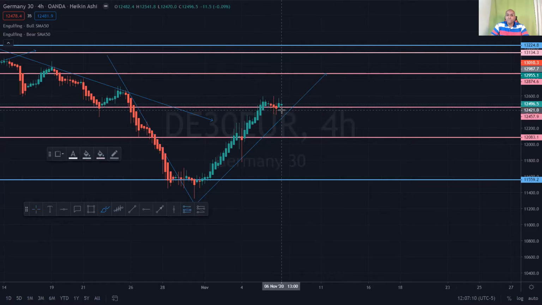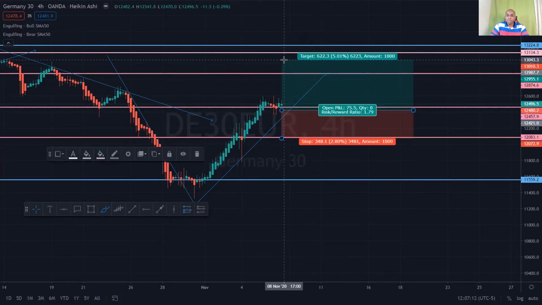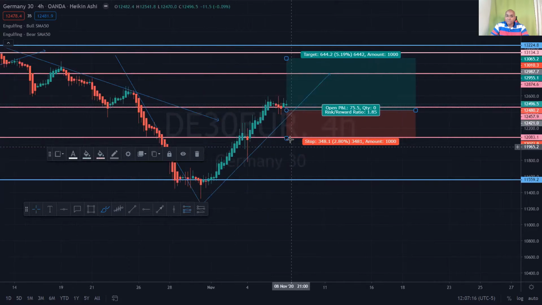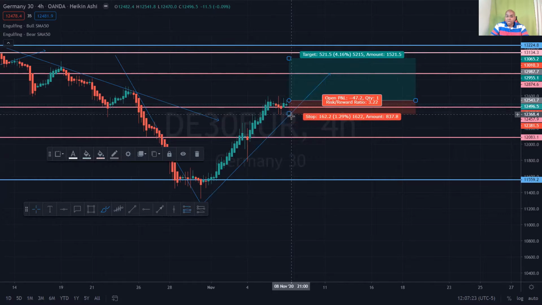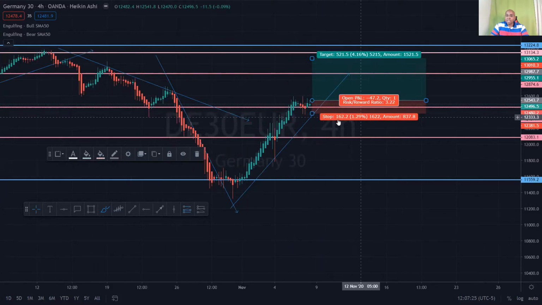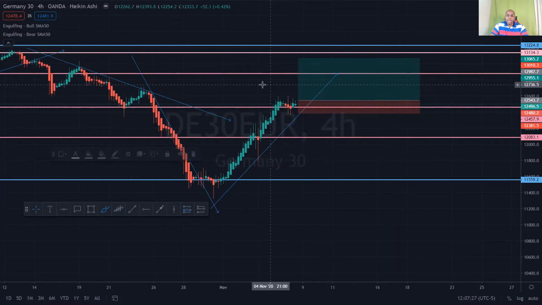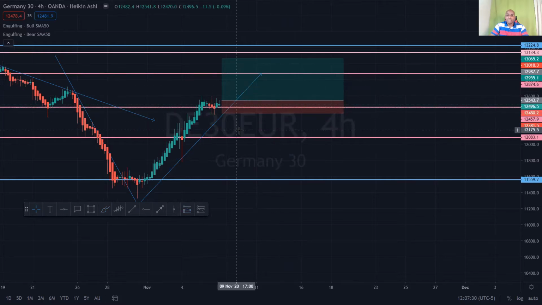We're going to try to go long just below this minor resistance right here, entry above here. We're going to put our stop loss right below this minor support right here. And that's the prediction for German 30.